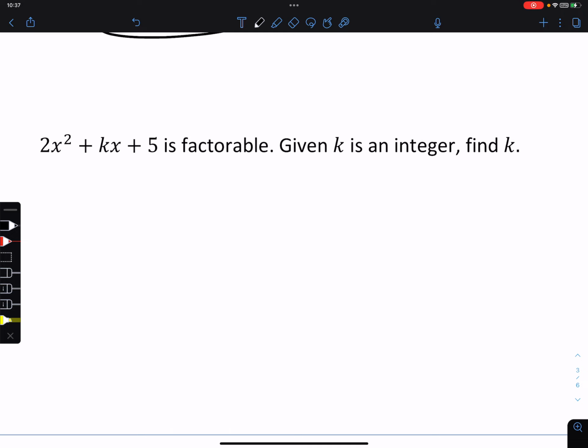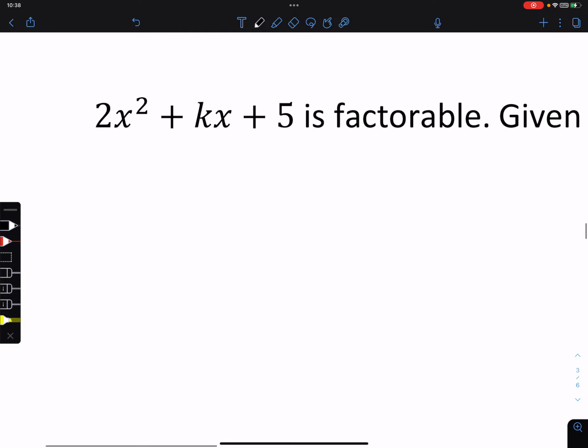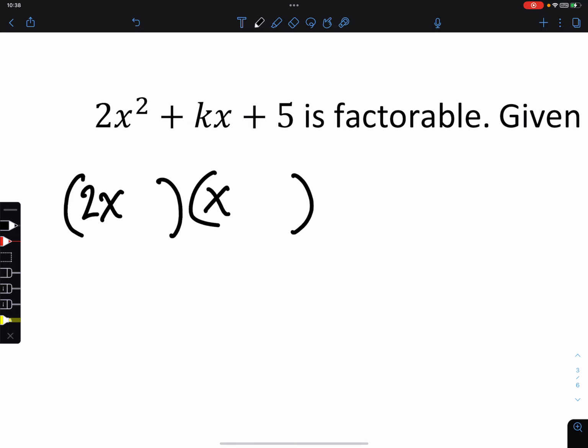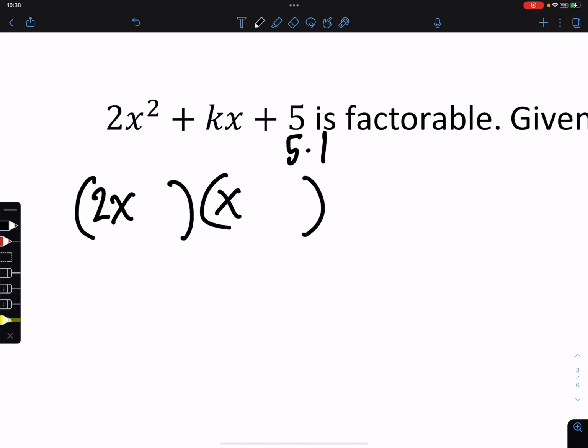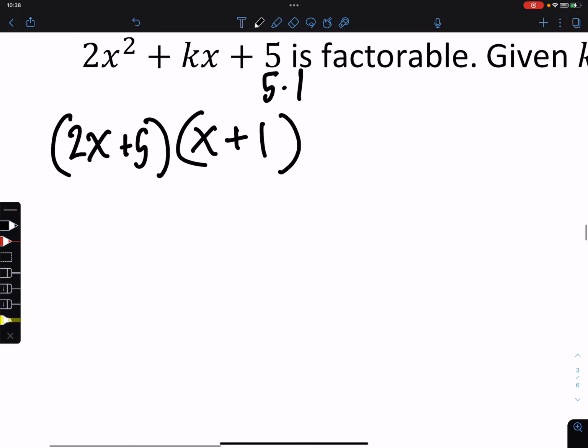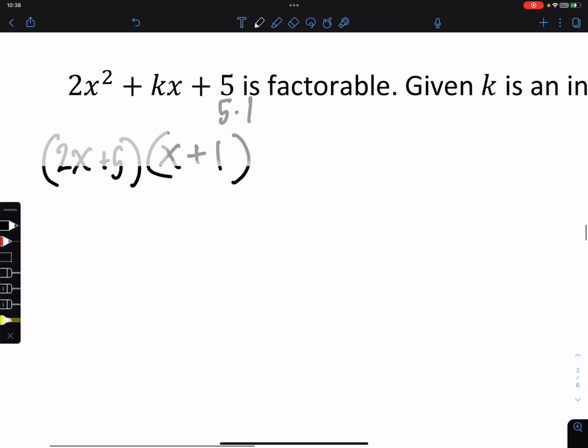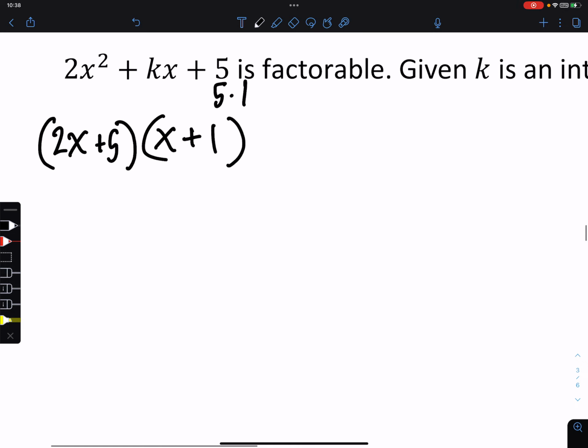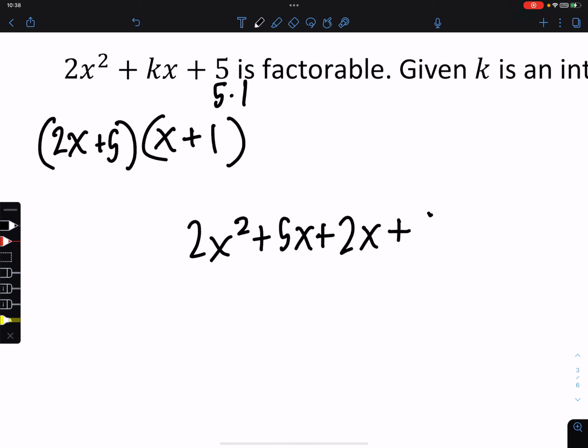Okay, so really what we have to do is we have to think like, right, if we put down our two parentheses here, and we have like a 2x and an x here, the factors of 5 are 5 and 1, right? And so if we have like a plus 5 here and a plus 1 here, if we expand this, this would be what we would factor if it was 2x squared plus 5x plus 2x plus 5, right?